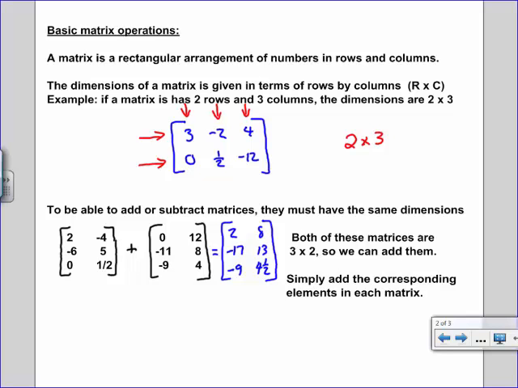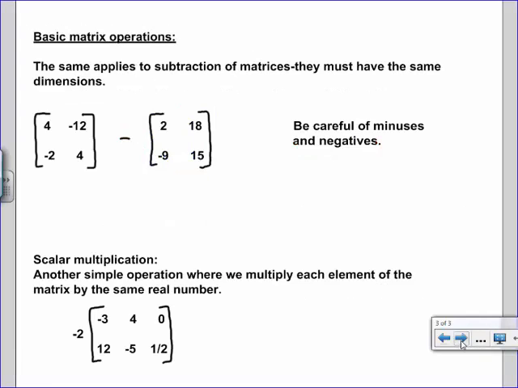It works much the same way with subtraction. You just have to be a little bit careful with your minuses and negatives. Again, we look at these two matrices and they're both 2 by 2s. So yes, we're able to add or subtract them because they have the same dimensions. And as I note here, be careful of your minuses and negatives when you do a subtraction. 4 minus 2.